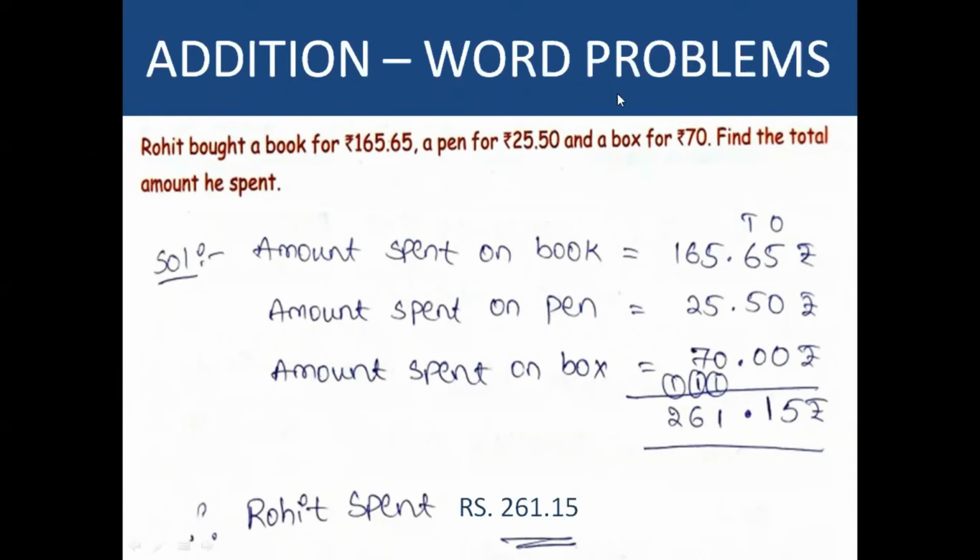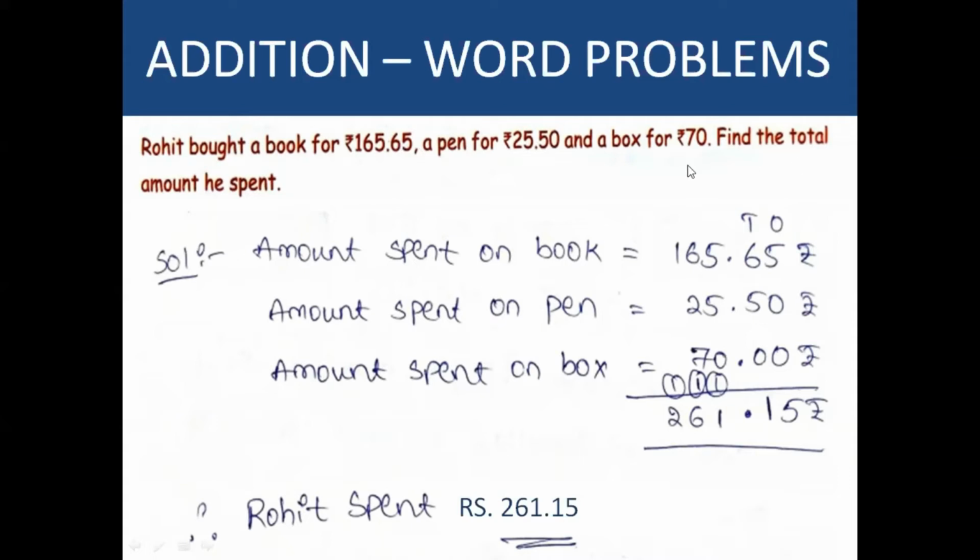Addition in word problems. For example, Rohit bought a book for rupees 165.65, a pen for 25.50 rupees and a box for rupees 70.